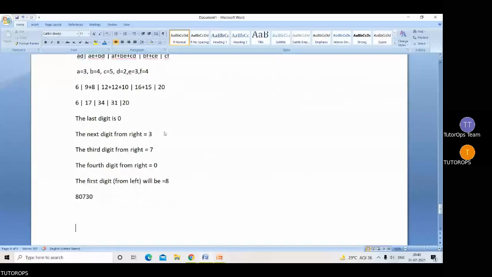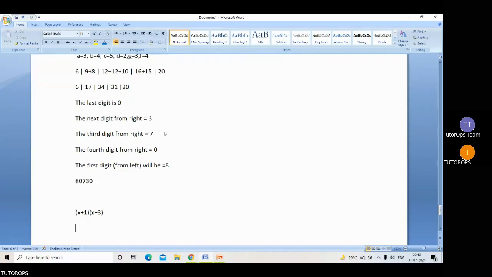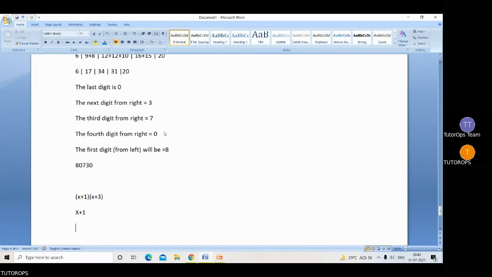Say I have x plus 1 with x plus 3. Then what can be done from the vertical method? We have written x plus 1, under which we have written x plus 3.